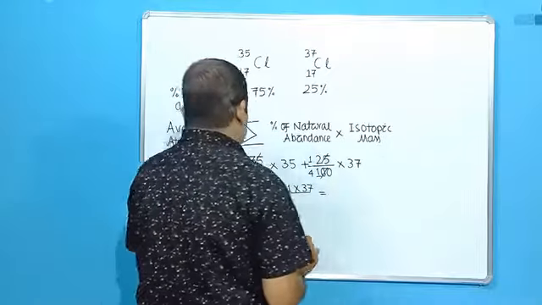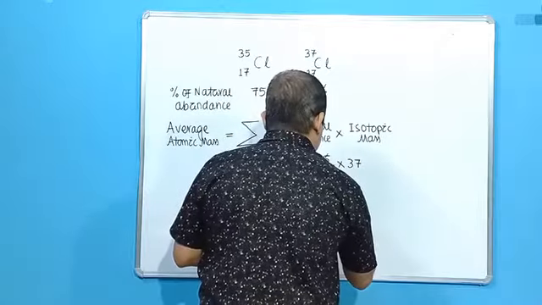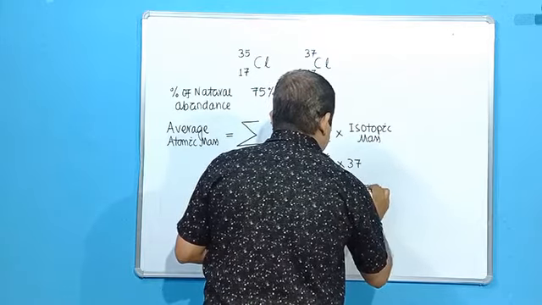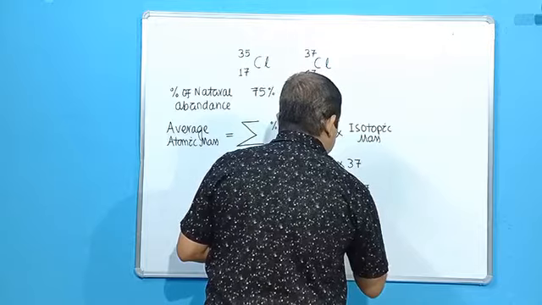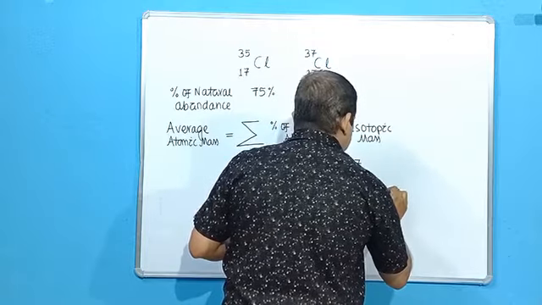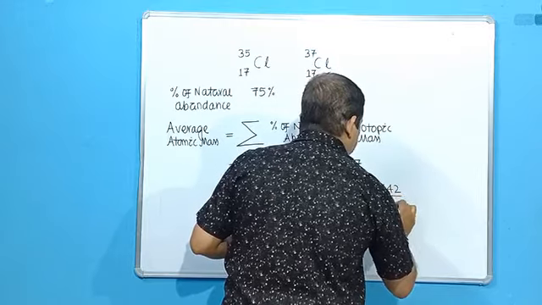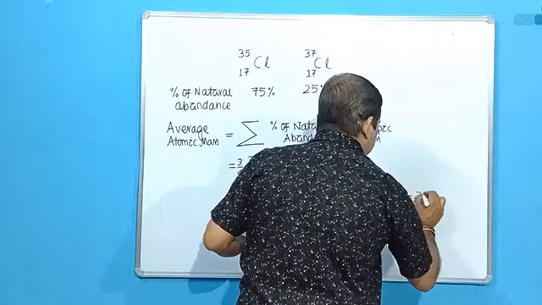That is 105 plus 37 by 4, that means 142 by 4. So it will be 35.5.